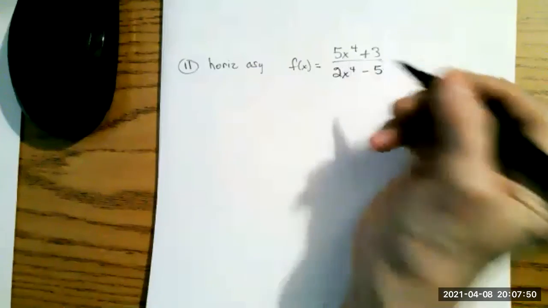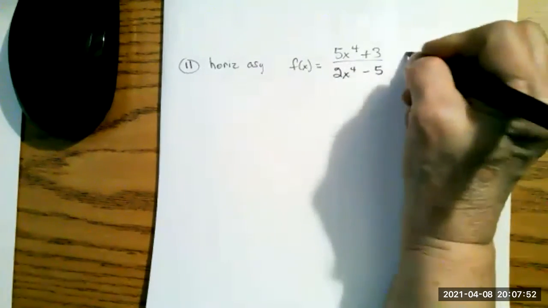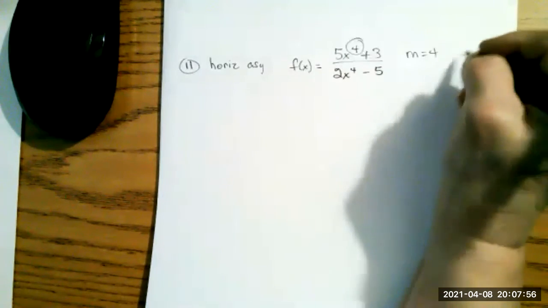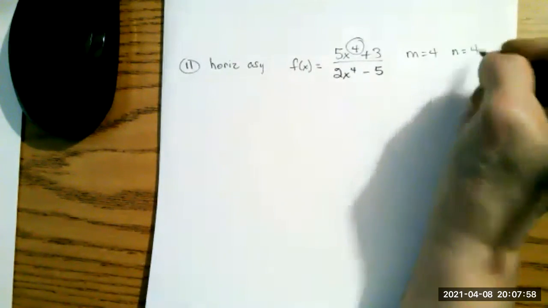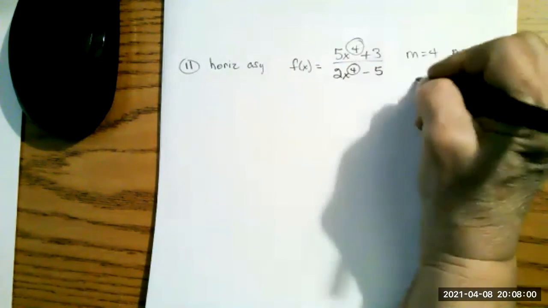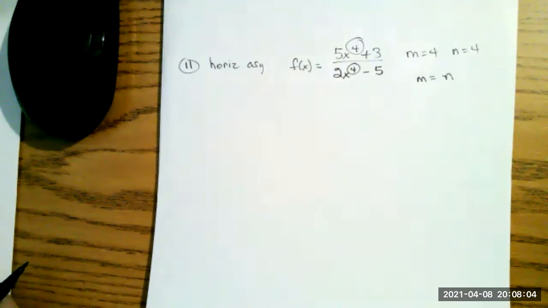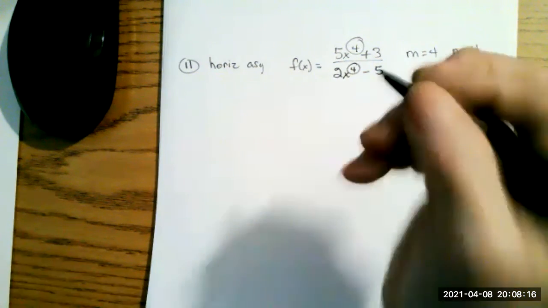Okay. So the m looks like 4, doesn't it? And the n is 4. So the m is equal to the n. So what do we do for our horizontal asymptote if m is equal to n? Y equals a over b.